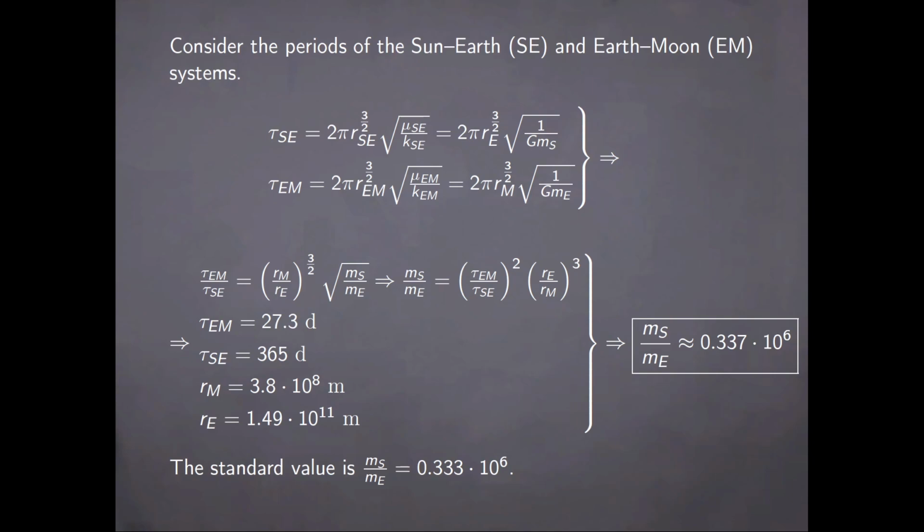And if we solve this for the ratio of the masses, we obtain the ratio of the mass of the Sun to that of the Earth as being equal with this expression.